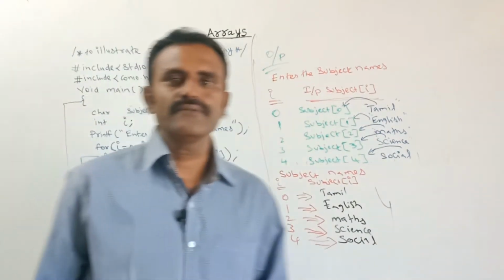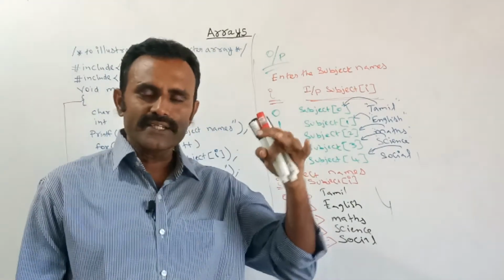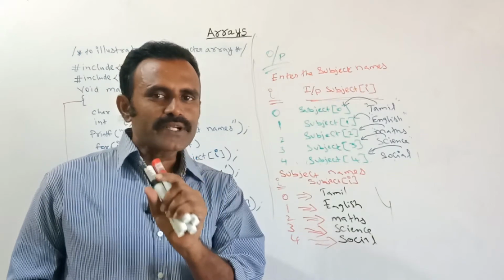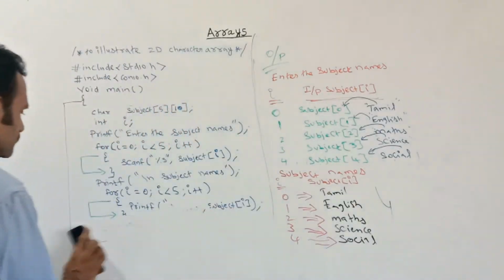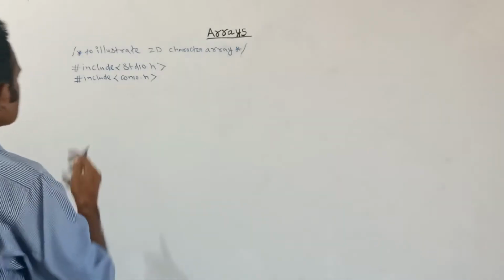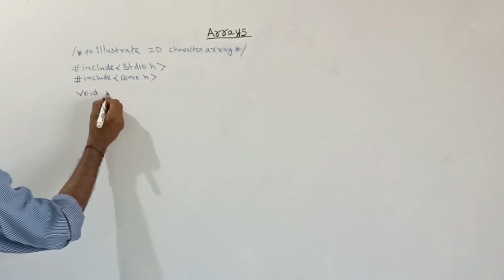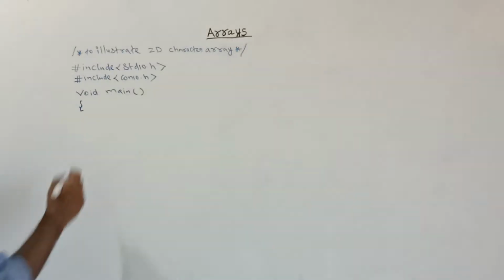See, now let us see another program. Here we are going to store a list of names, and after that we are going to search for a particular name in that list. See here, void main. Here is the variable declaration part.